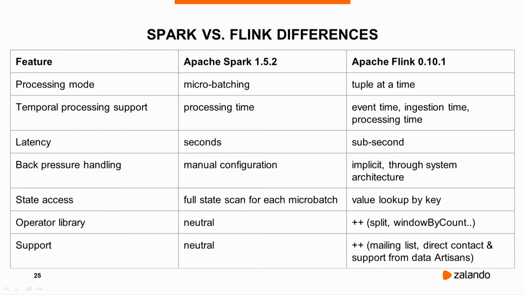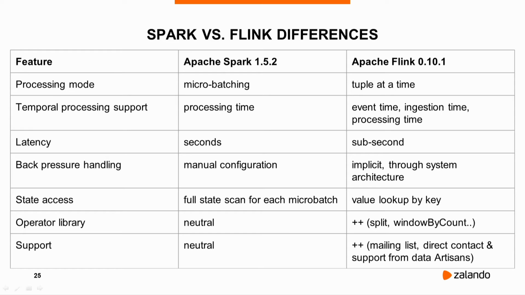To be fair, Spark introduced a key-value store with version 1.6, so it now has the same capabilities as Flink had with version 0.10.1, where only a value lookup by key was necessary. Now let's go to the more subjective features.